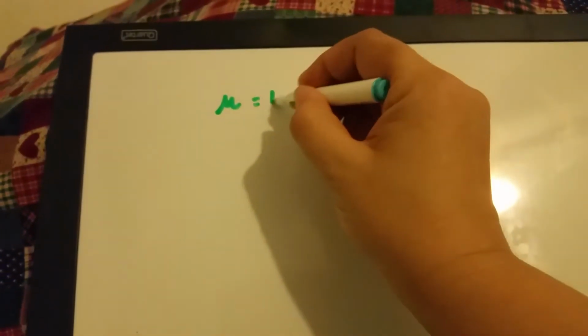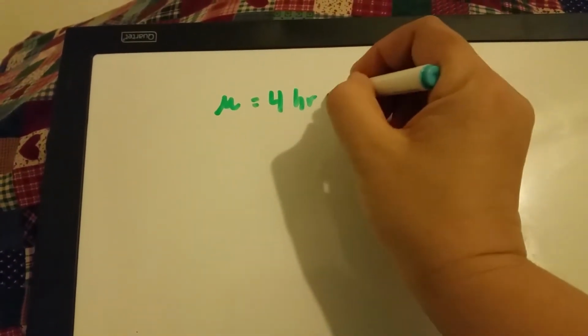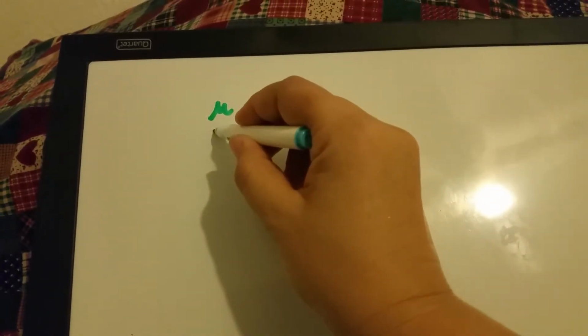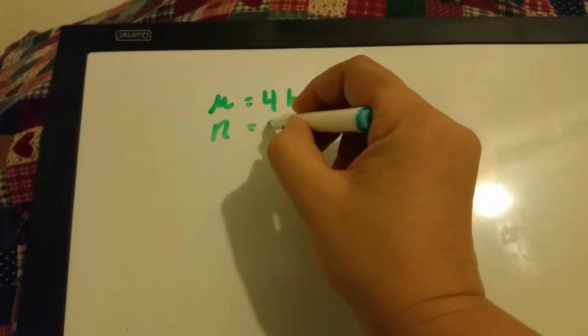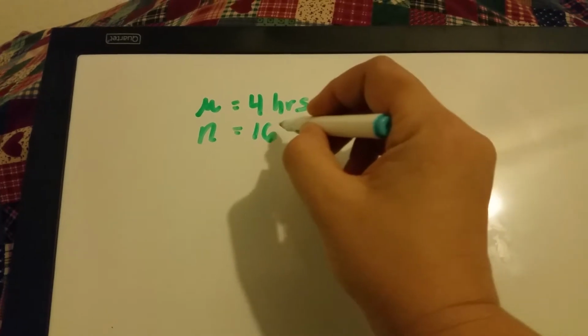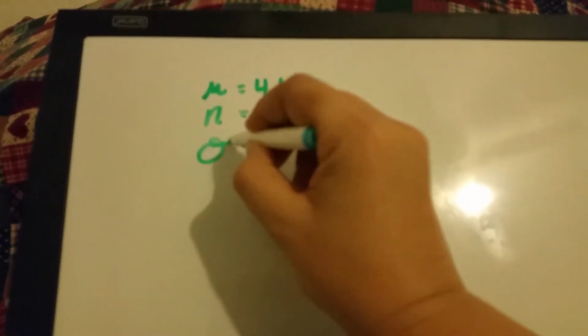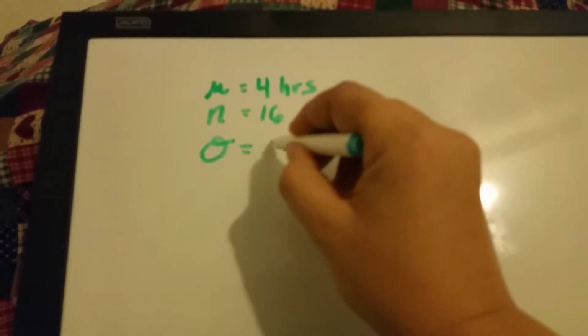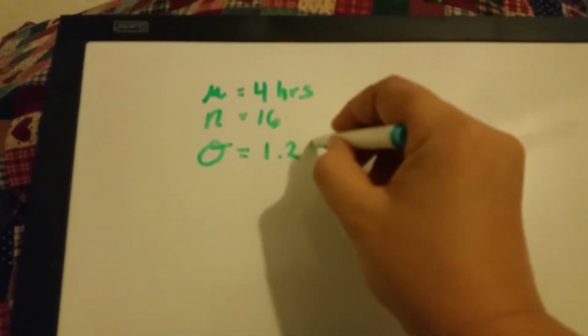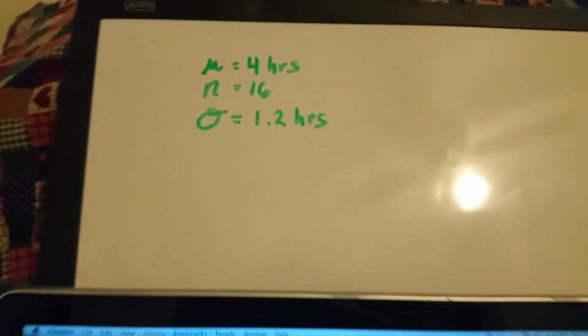We know that the mu is 4 hours. And we know that the count is 16 people. And we know that the standard deviation according to that is 1.2 hours. Okay, so that's some of the information that we know.